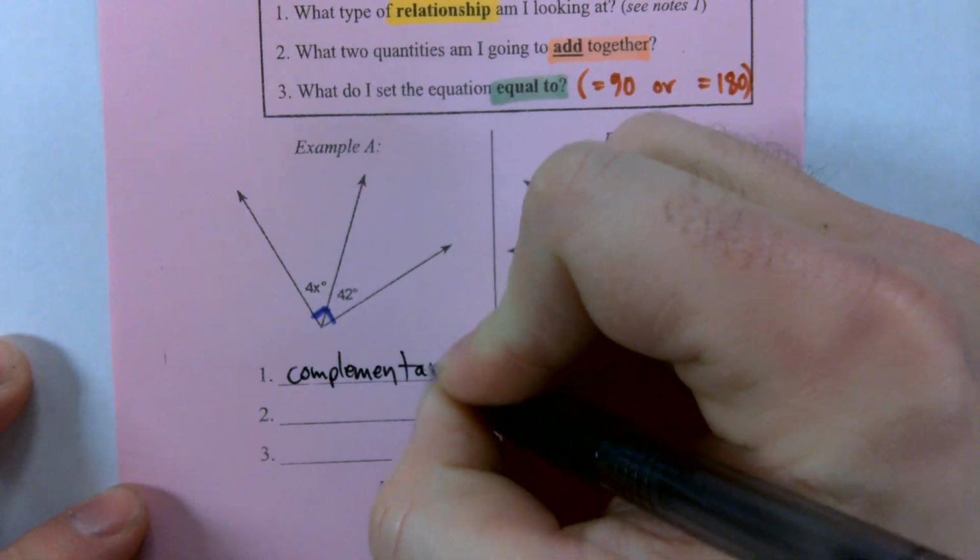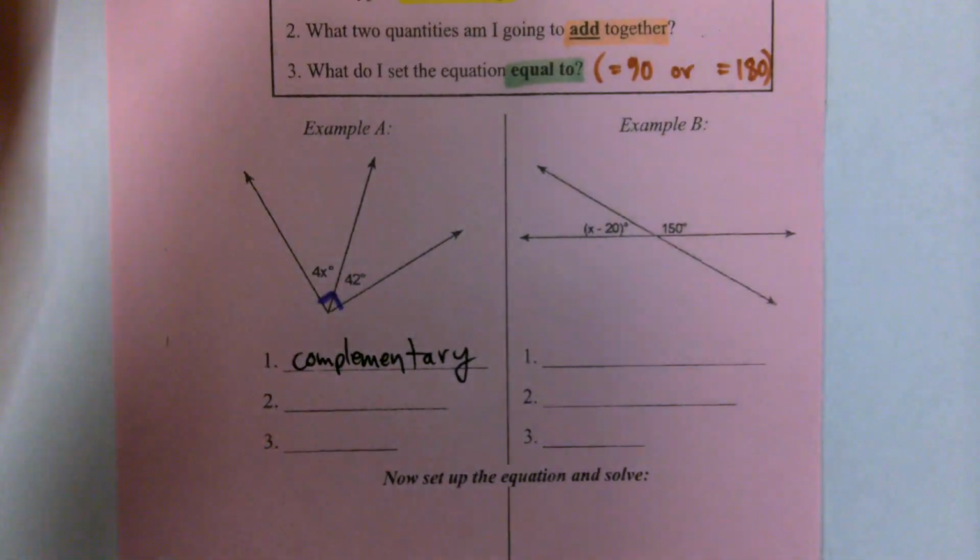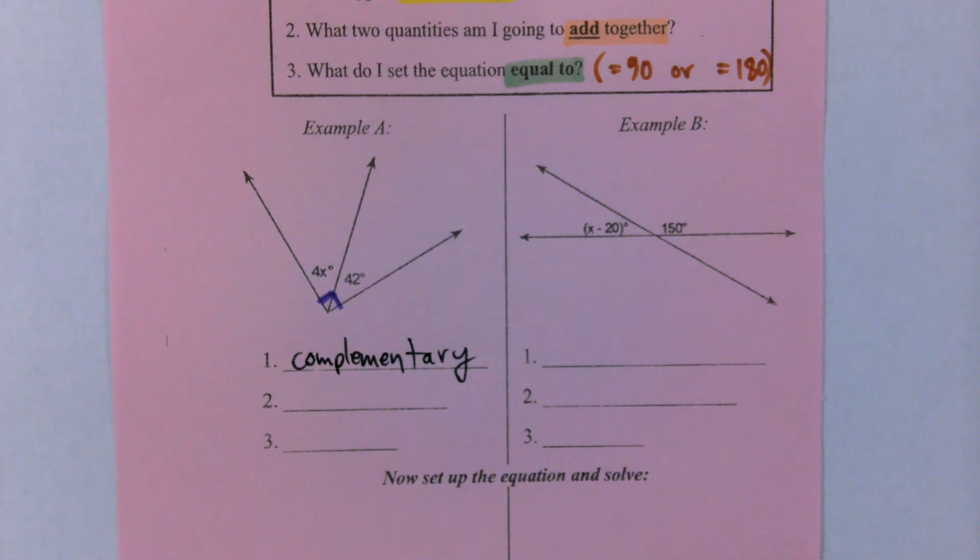It's really important that we understand what relationship we have, because that's going to help us answer questions 2 and 3. Let's go to question 2. So if these two angles form a complementary relationship, what 2 quantities am I going to add together?